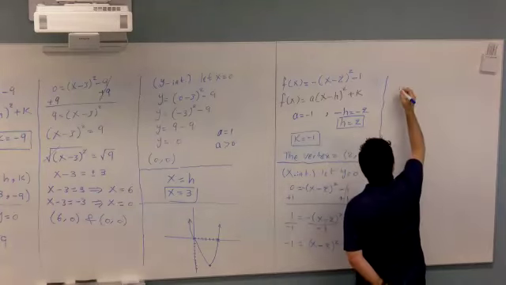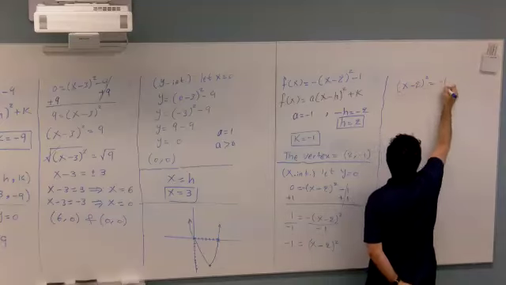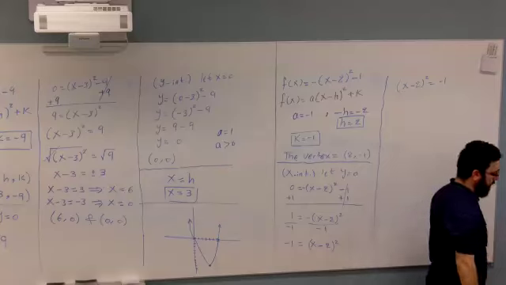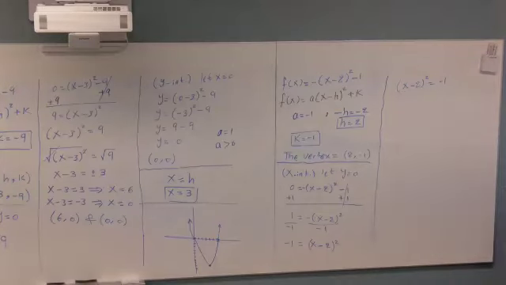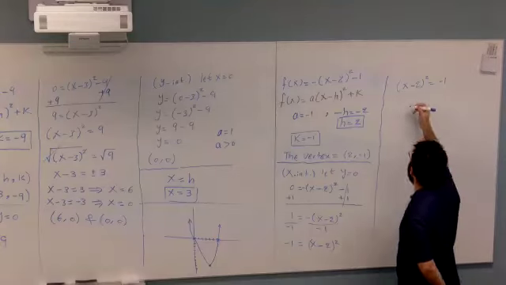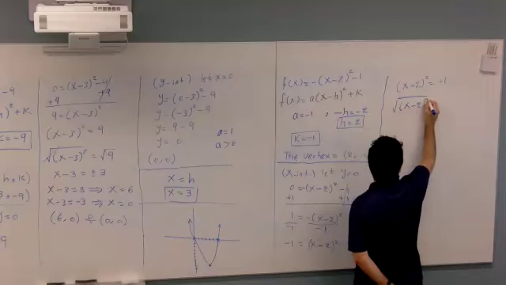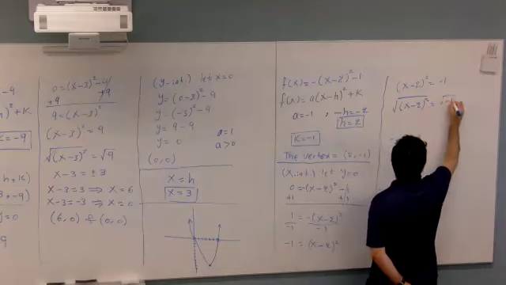Let's write down here again: (x - 2)² = -1. Now, what's the next step? Put the radical over it. So we take the square root of both sides. The square root of (x - 2)² equals the square root of -1.